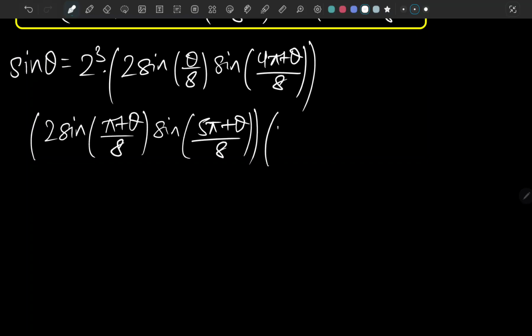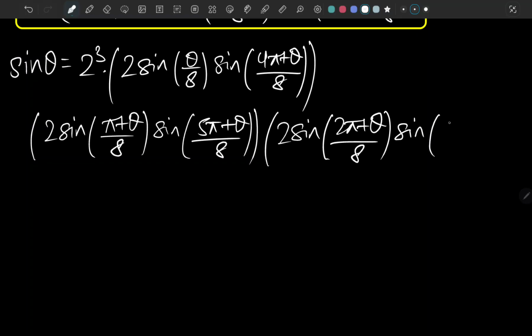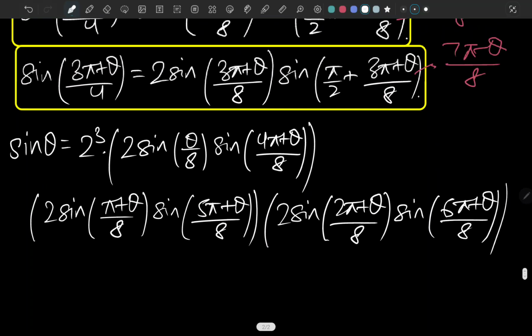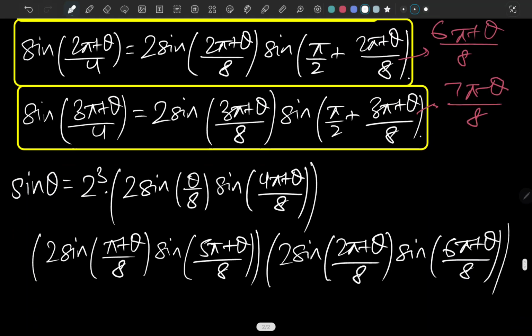Next, 2 sine of (2π + θ)/8 and then sine, I think it was (6π + θ)/8. Let me check that once more, and yeah, it's fine.